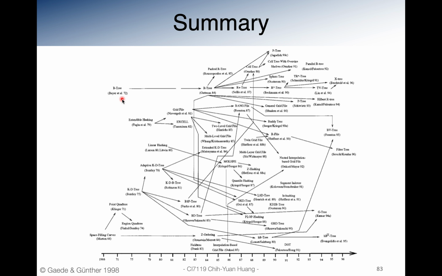But as you can see, the B-tree is over here, the binary tree in 1972, and we have the R-tree over here, and then the packed R-tree in 1985, and the R+ tree and R* tree over here. So basically, here are the R-tree variations and families. We can also see the space filling curve over here, and the point quad tree.